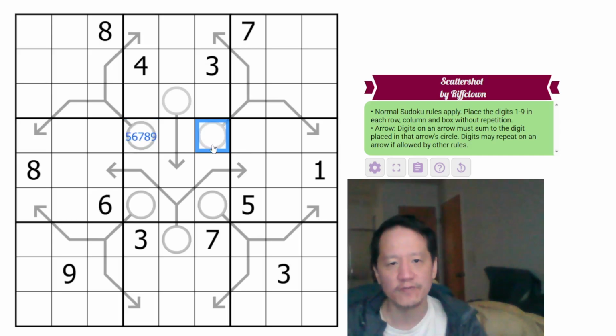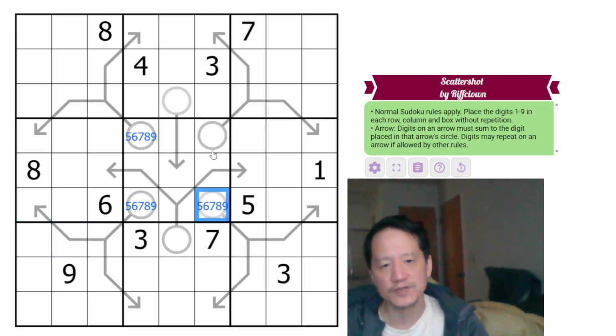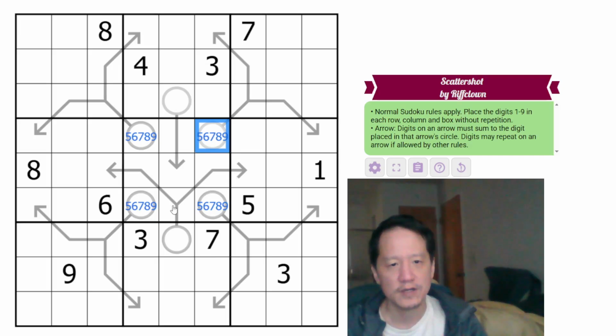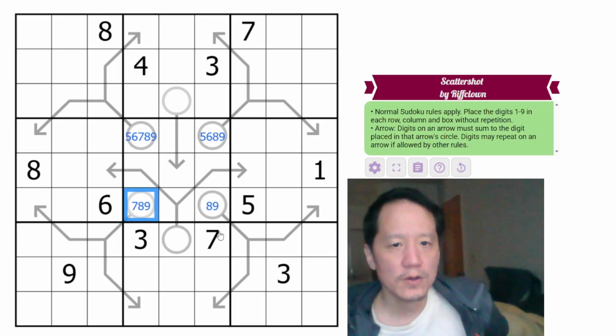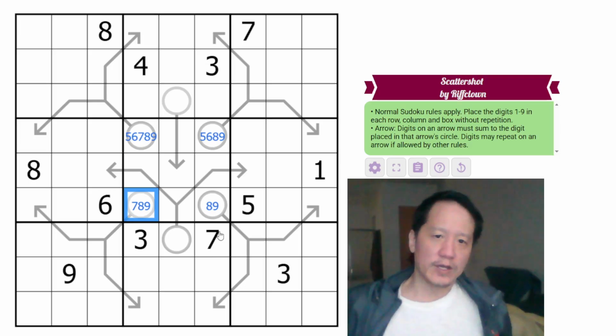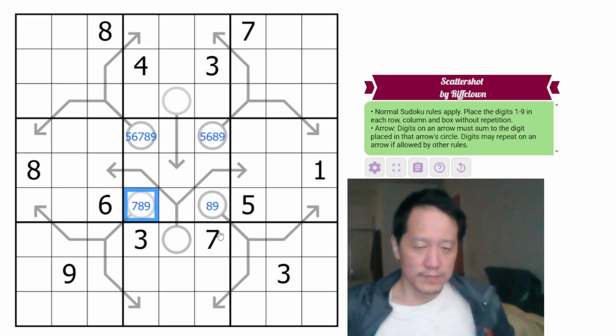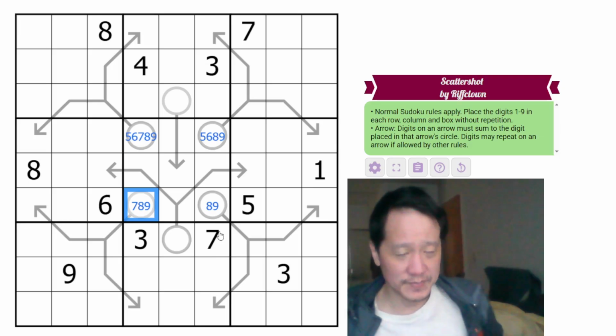That's the same for all of these corner circles, right? Because they all have the same shape. So this is 5 through 9, this is 5 through 9, and this is 5 through 9. Well, this can't be 6, this can't be 7, and these can't be 5 here. What does that mean? Well, not much right now.